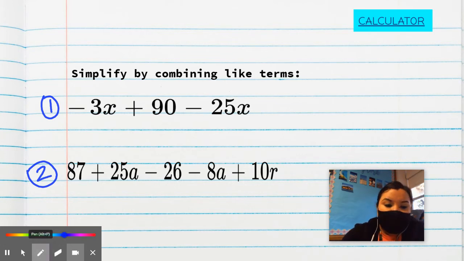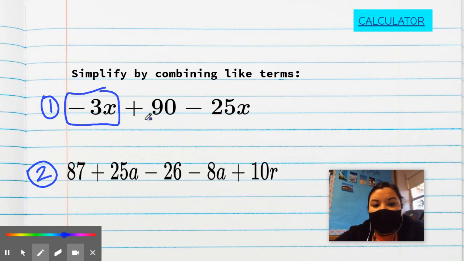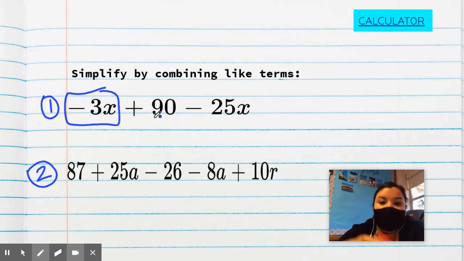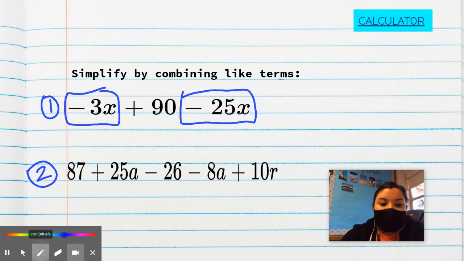So for example, I have minus 3x. For my next two terms, I know that 90, I cannot add 90 with the 3x because it does not have an x. But I do have a minus 25x, and those two make it the same because they have the same letter at the end.